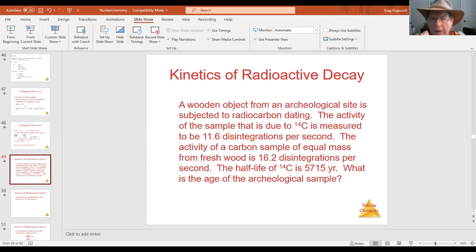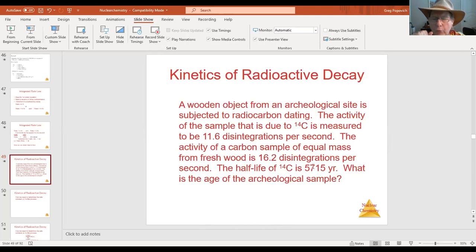Again, I have ln Nt over N0. This is a rate. My disintegrations per second is a rate versus my disintegrations per second of fresh wood. This is equal to negative kt. I have my half-life.